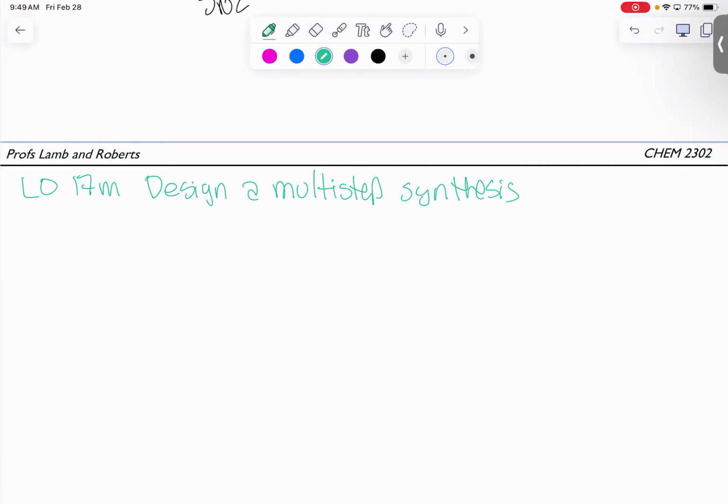So design a multi-step synthesis using the reaction of ethers. Ethers have 2 carbons bound to our oxygen, so epoxides are, of course, a subset of ethers.